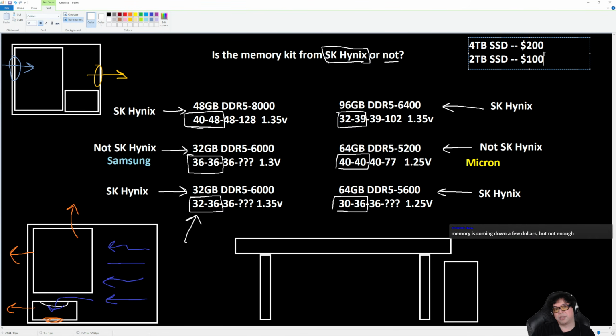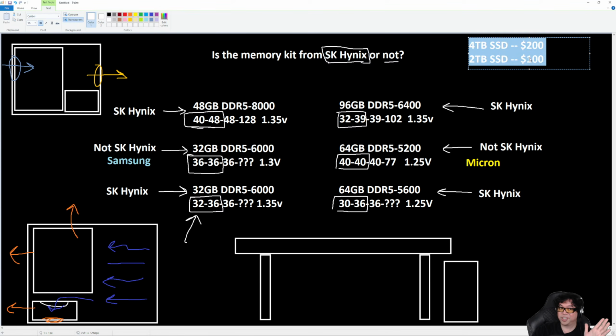So if you're having to pay more than $200 for a 4 terabyte, you're getting ripped off. If you're paying more than $100 for a 2 terabyte, you're getting ripped off. Now keep in mind, this is me not looking at what the actual SSD prices are right now. I'm telling you what I typically paid for SSDs a year ago. So if it's more than this, it's completely out of whack right now.